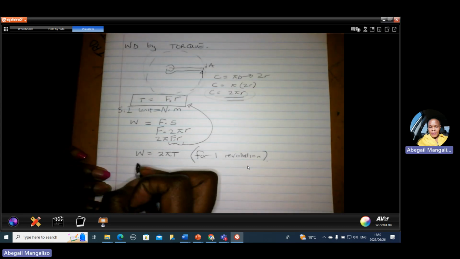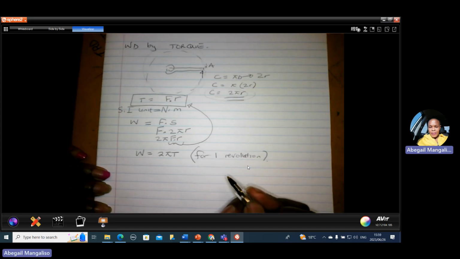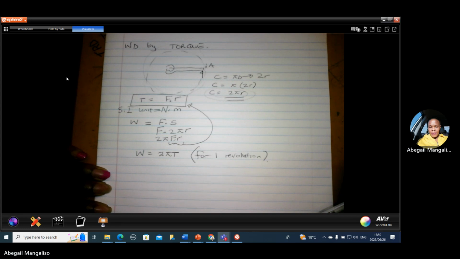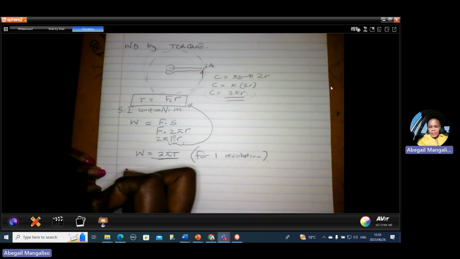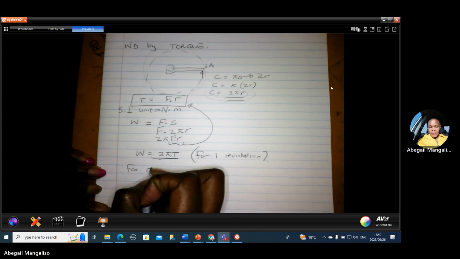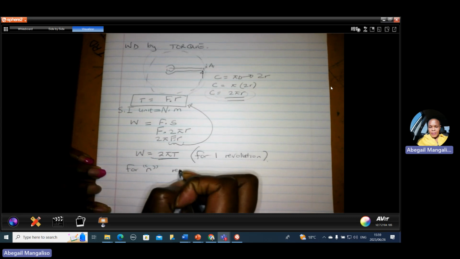But if it takes 2 revolutions, 350, 420, how do you calculate work done if it takes many number of revolutions? So we can generalize this equation and say for any number of revolutions.